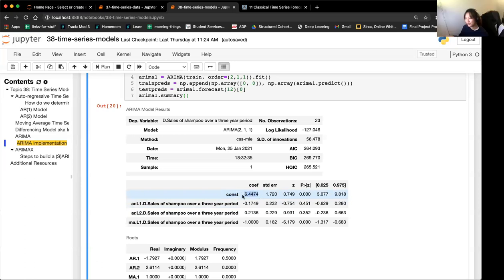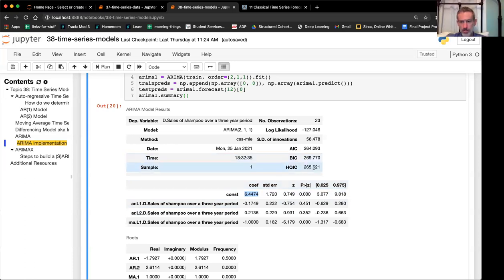Not exactly. So 6.44 is just like, think of it as the intercept term. It's just some constant that you're going to add. That's the mu. Yeah. Okay. That's right. So it's hard to manually get these predictions because you would have to look up, all right, what did my model predict prior and prior and prior?